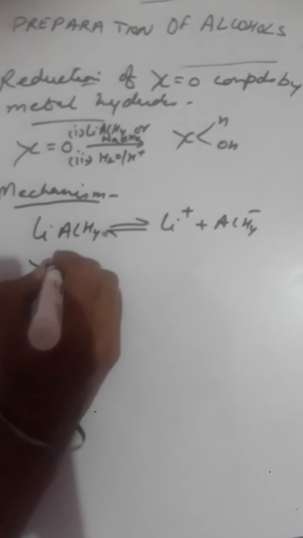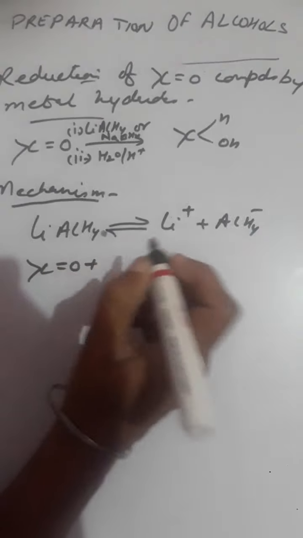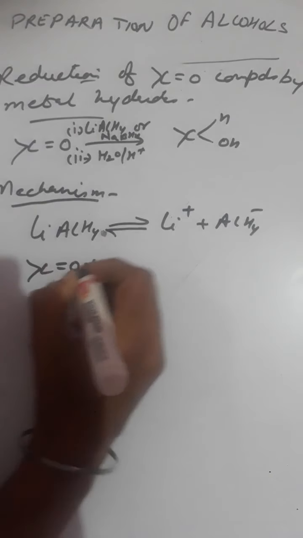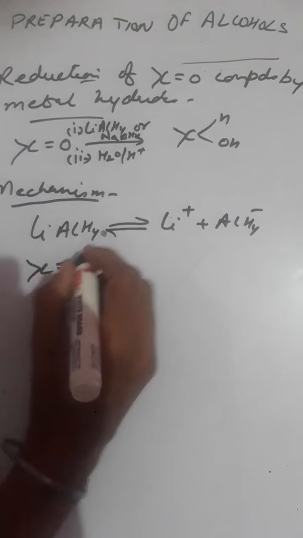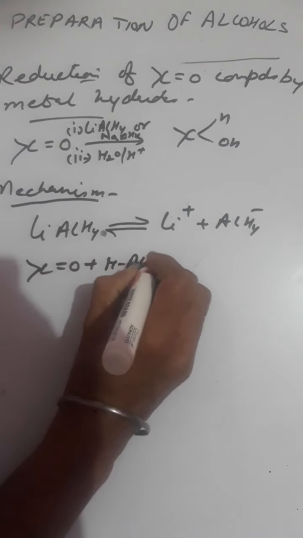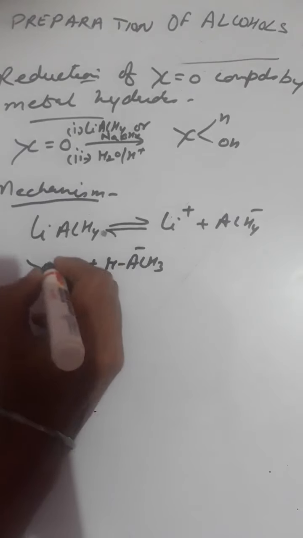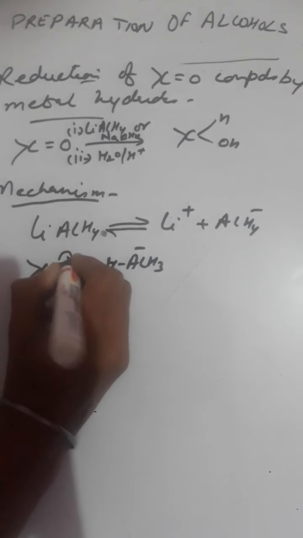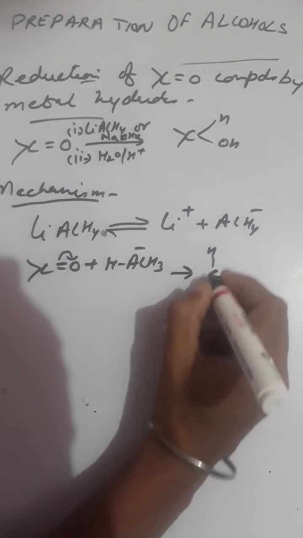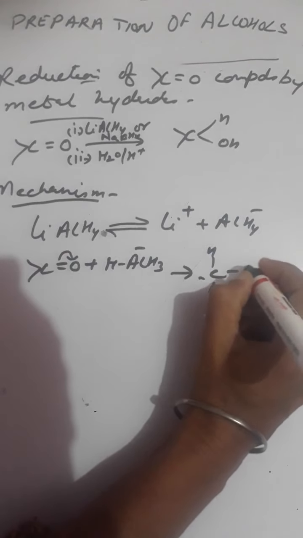Now the carbonyl group will be attacked by this. How? You know that the property of the carbonyl group is that, in the presence of HAlH3, the bond shifts towards this side. And now we will get CHO negative.